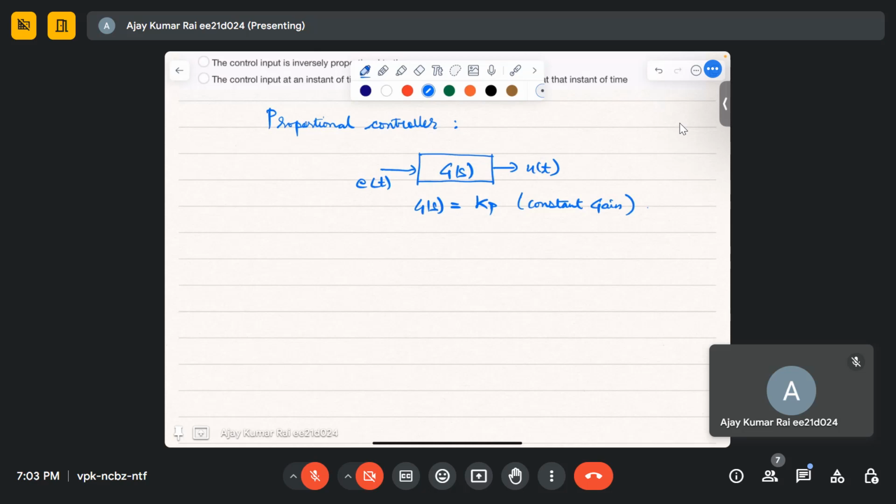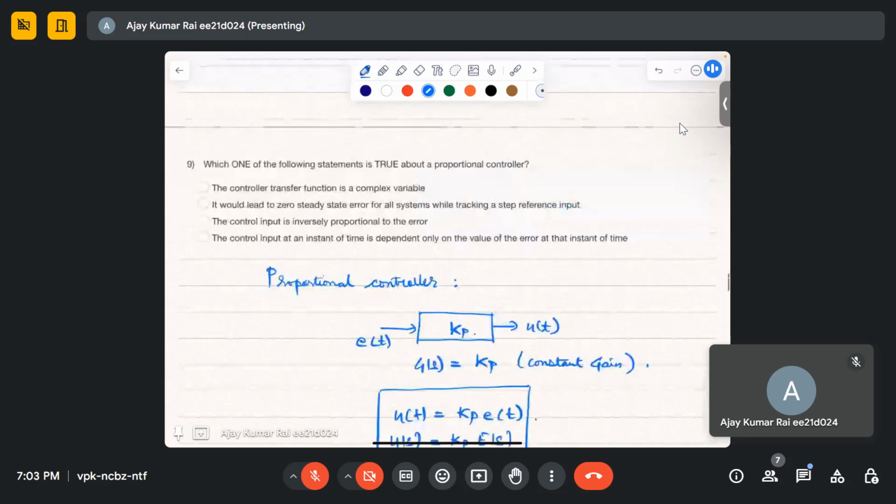You know u of t is equal to Kp into e of t. If you take the Laplace transform, you'll get Kp into E of s. These two are important, and based on these I'll answer this.